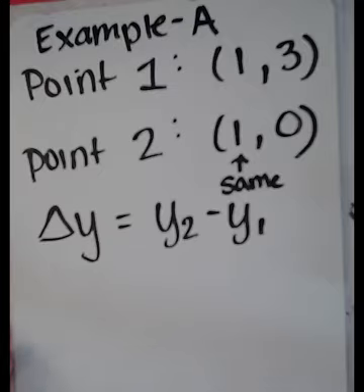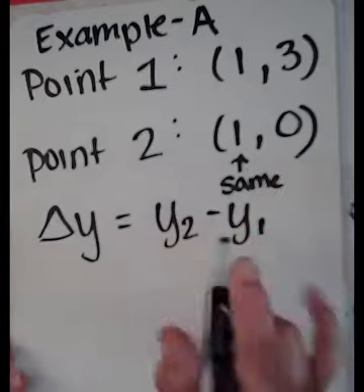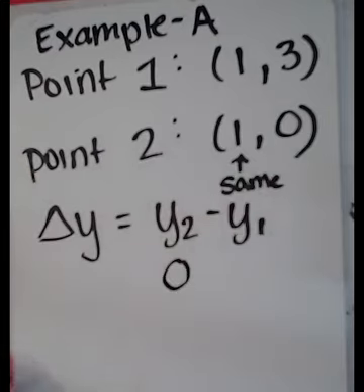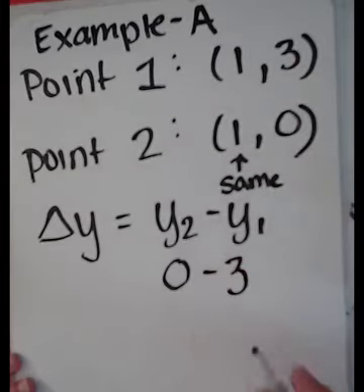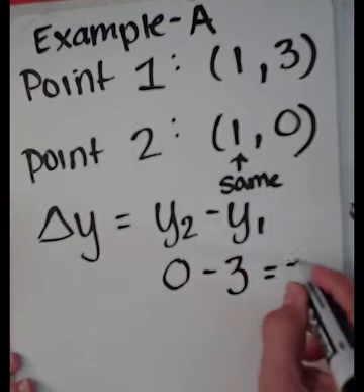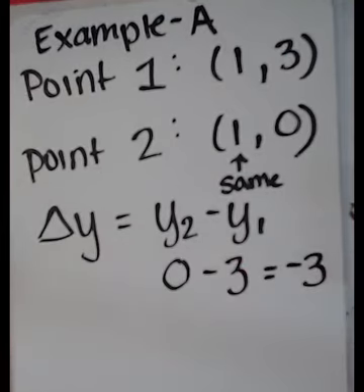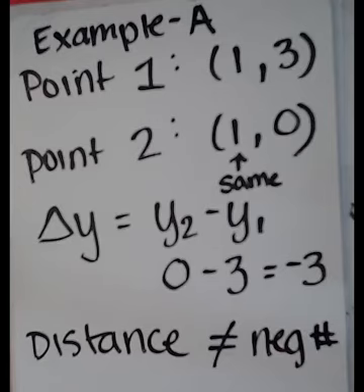In this case, our point 2 y value is 0. And our point 1 y value is 3. So 0 minus 3 equals -3. Distance cannot equal a negative number. So what we need to do is find the absolute value of our negative.